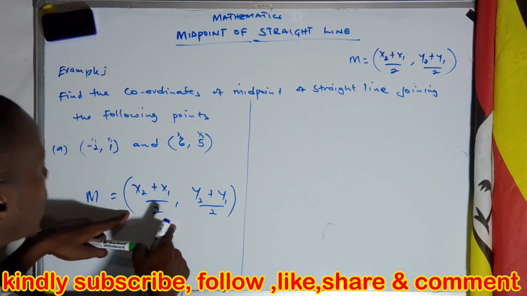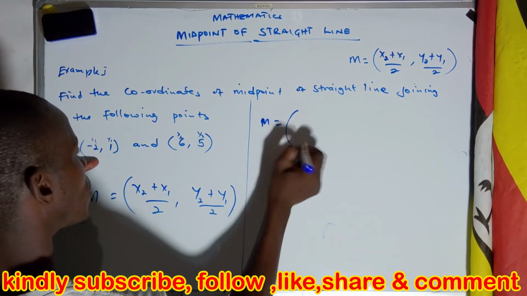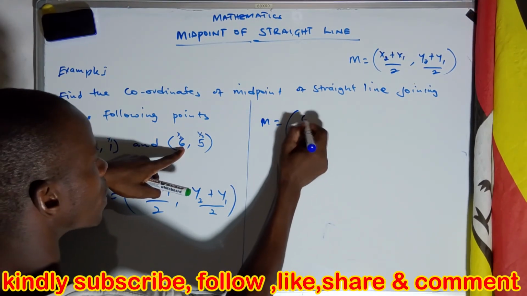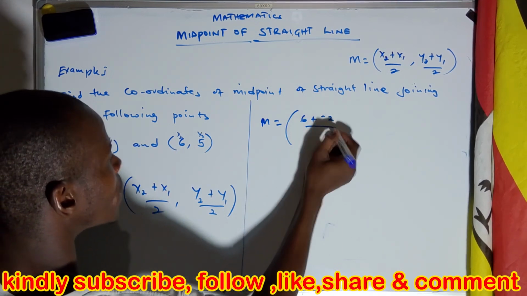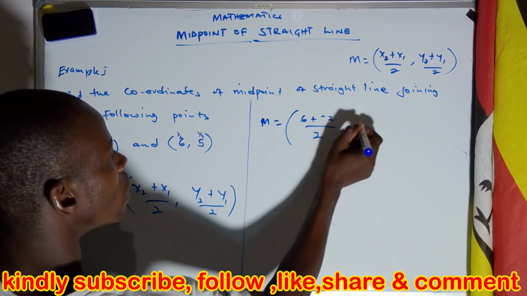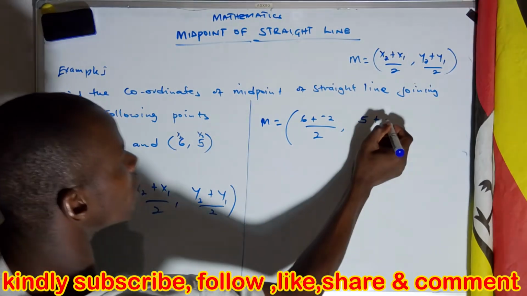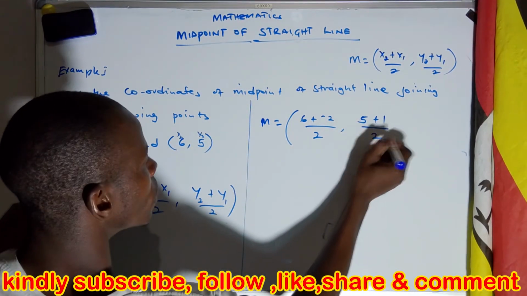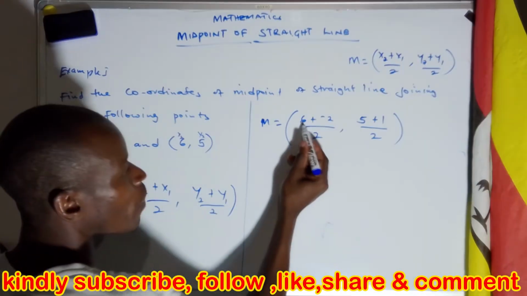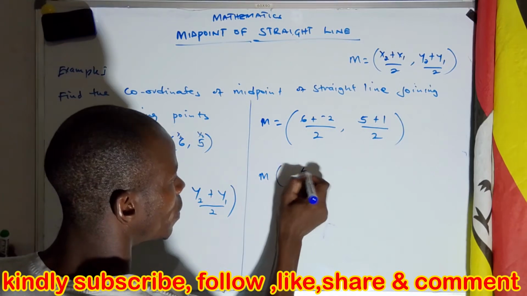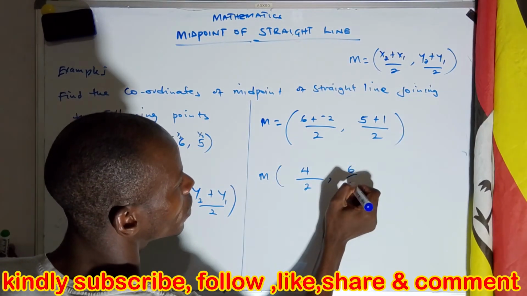We come and substitute in our formula here. M midpoint equals X2, which is 6, plus X1, which is -2, out of 2, and Y2 is 5 plus Y1, which is 1, out of 2. We start solving. 6 plus -2, we get 4 out of 2. Here you get 6 out of 2.